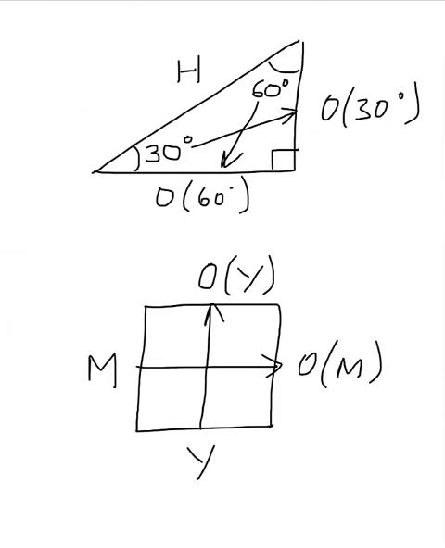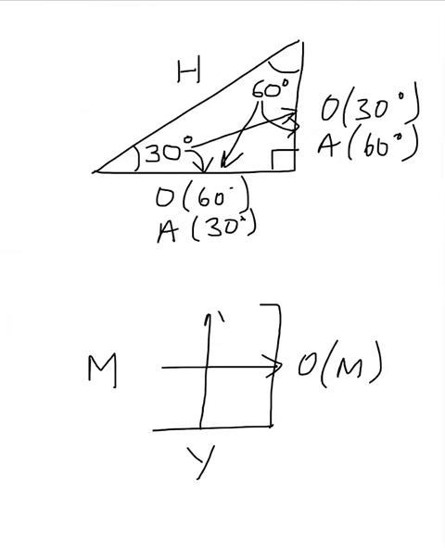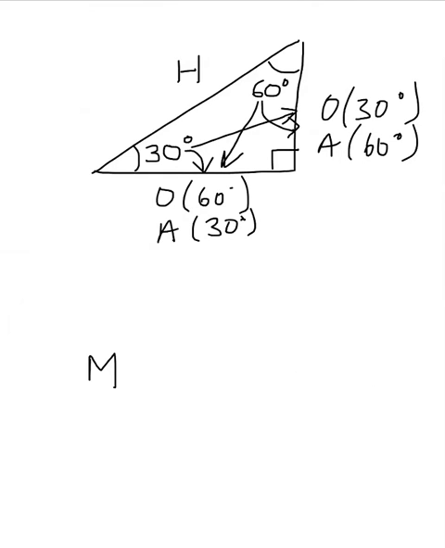And we can also say that this side next to the 60 degrees is adjacent to the 60 degrees, and similarly this side next to 30 degrees is adjacent to 30 degrees. If you haven't heard that word before, adjacent just means next to, and just like opposite, no side is particularly adjacent, it's relative to the angle. So one side is adjacent to the 30 degrees, the other side is adjacent to the 60 degrees.